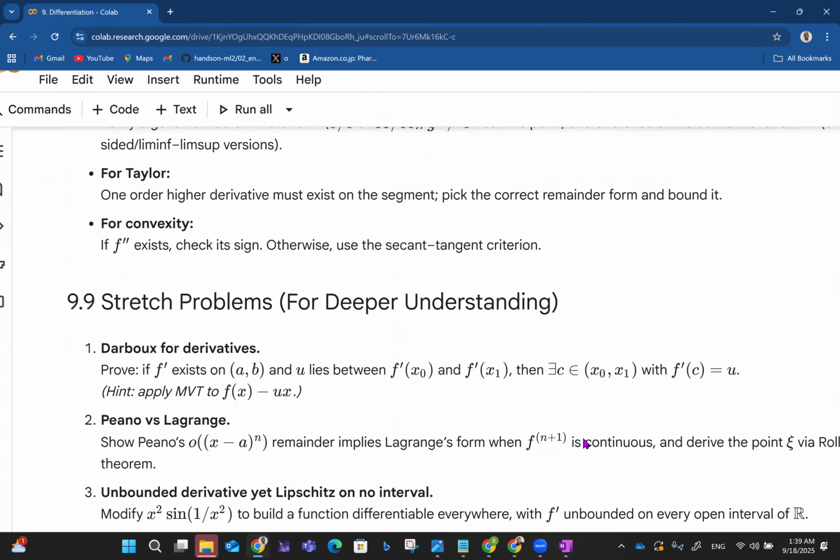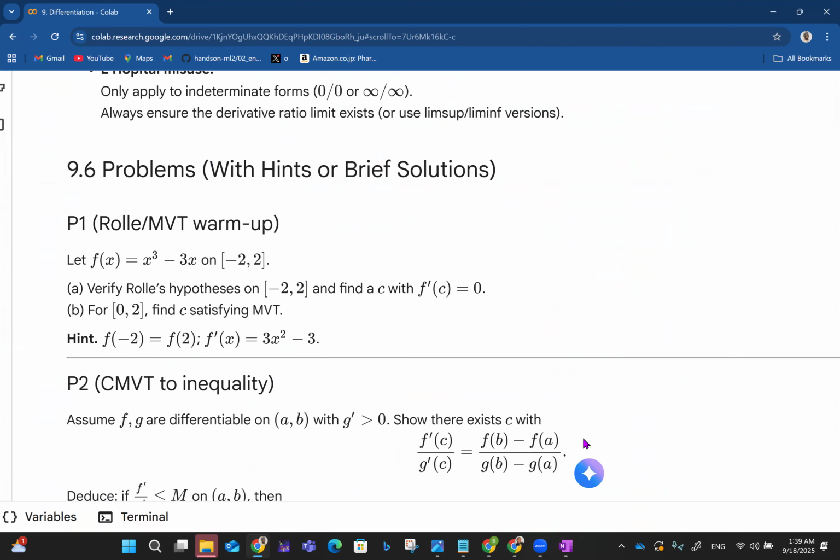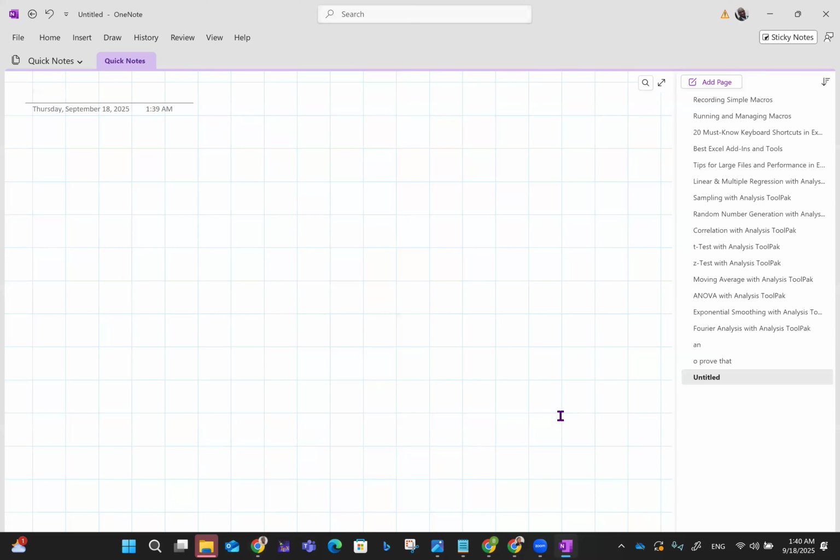So we are talking about the problem set. So I'll just do this one as a foundation for every other thing you may need to do. So we want to verify Rolle's hypothesis on that open interval, and then we verify the other one. Yep. So let's go now. So we have the A part now.